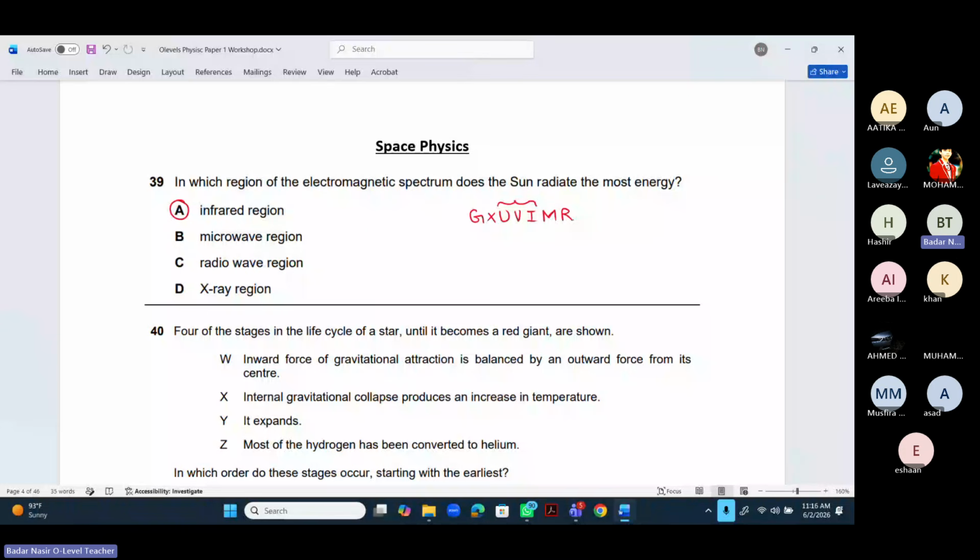तो ये हमारे पास मेन सीक्वेंस स्टार वाली स्टेज. तो मेन सीक्वेंस स्टार में क्या होता था कि इनवर्ड फोर्स एंड द आउटवर्ड फोर्स equal. The force of gravity becomes equal to the nuclear force. Internal gravitational collapse produces an increase in temperature. The star expands, most of the hydrogen has been converted to helium.